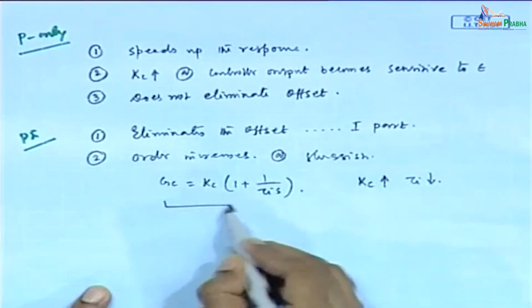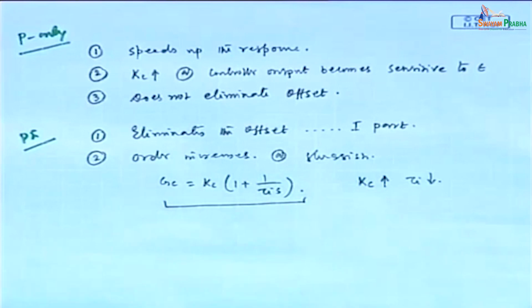If you see the PI control equation, it is clear that with the increase of Kc, the overall system response becomes faster. But if Kc is larger than a certain value, or if tau I is sufficiently small, the process goes unstable.